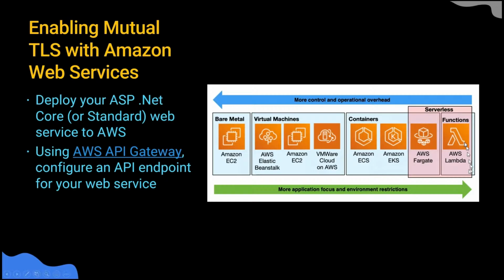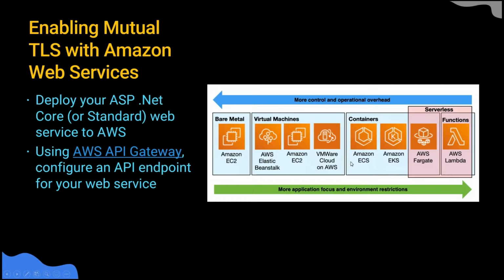So you can deploy .NET Core here as well as anywhere in between. But like I said, I'm just going to use a standard function within Lambda for this demo.